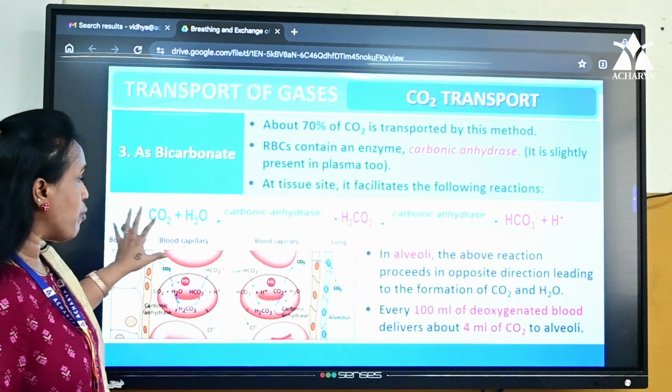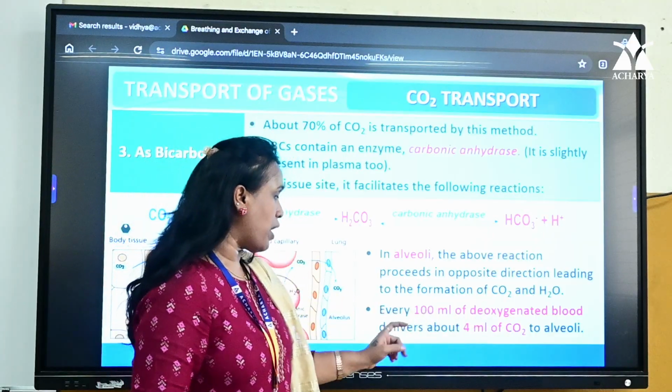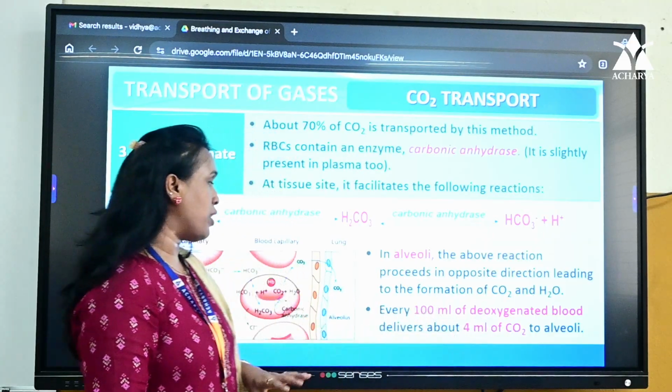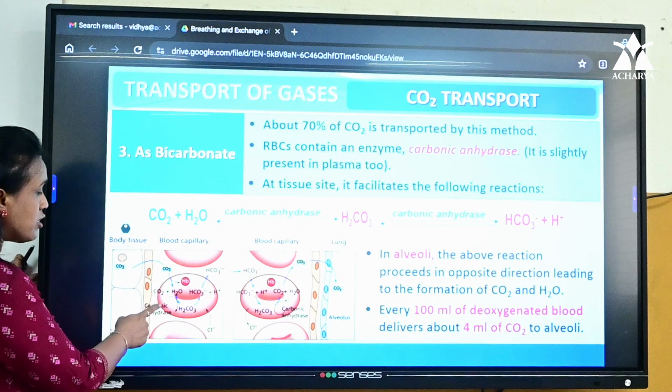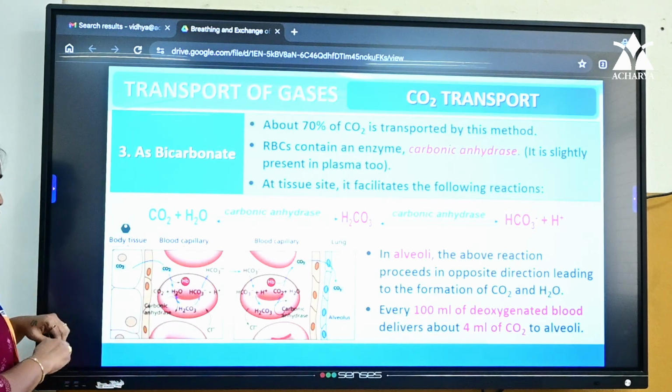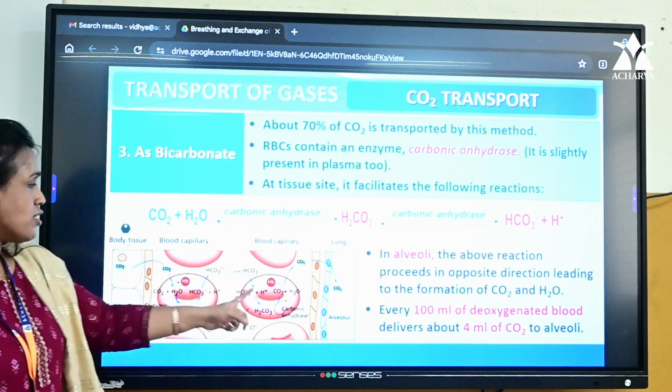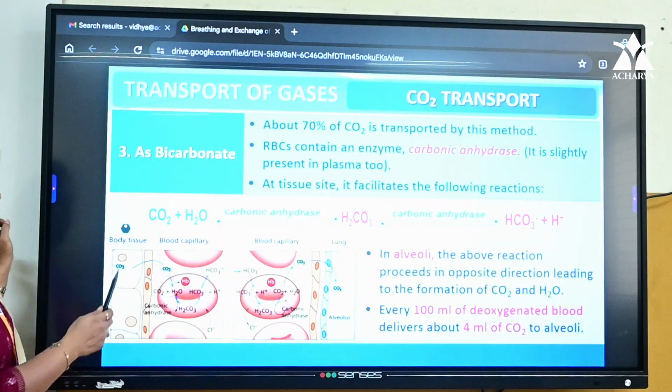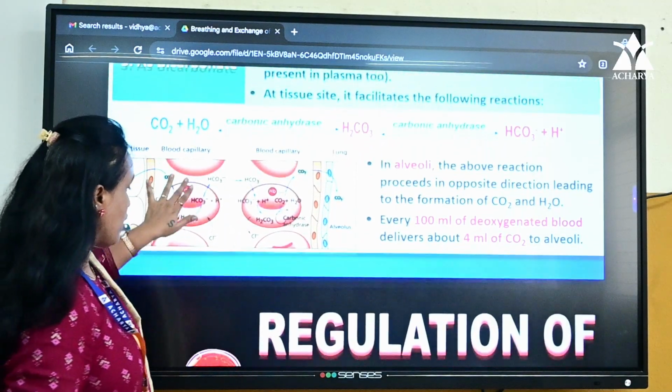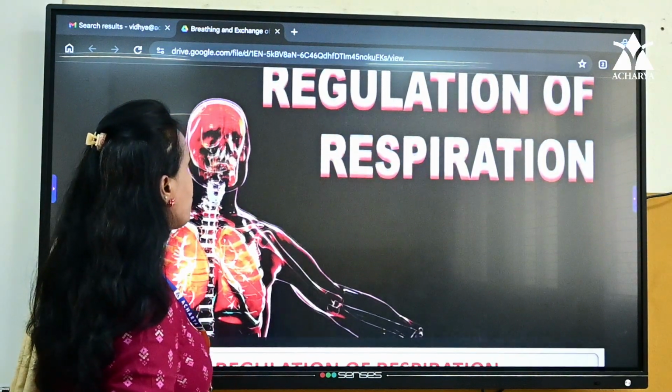So every 100 ml of deoxygenated blood delivers about 4 ml of carbon dioxide to the alveoli. This is the same reaction we studied. So this is at the tissue level, this is at the alveolar level. So that is one thing. Next, regulation of respiration.